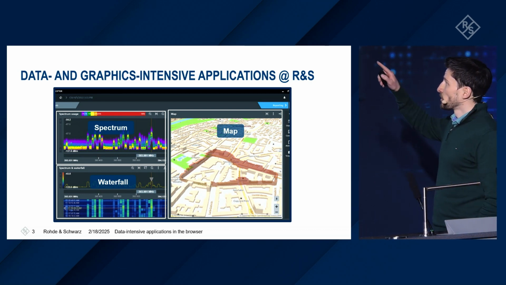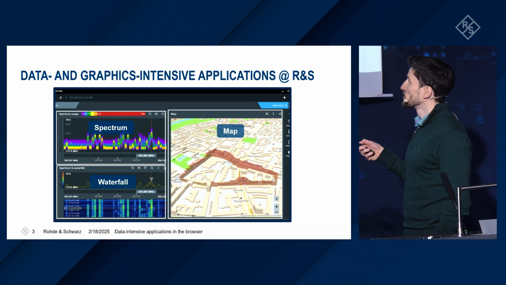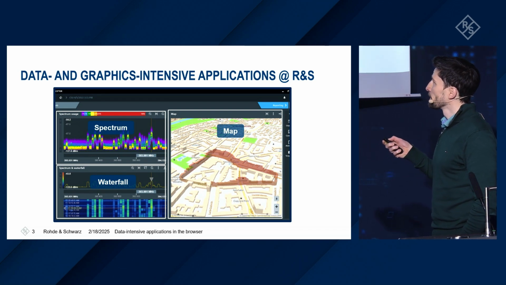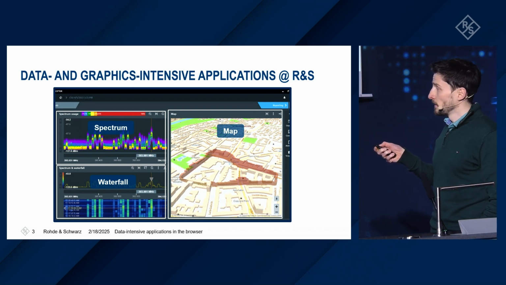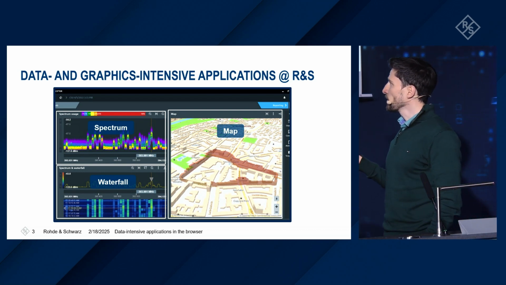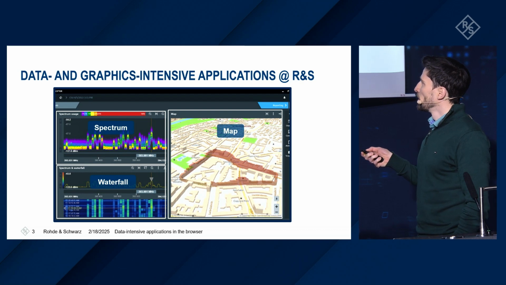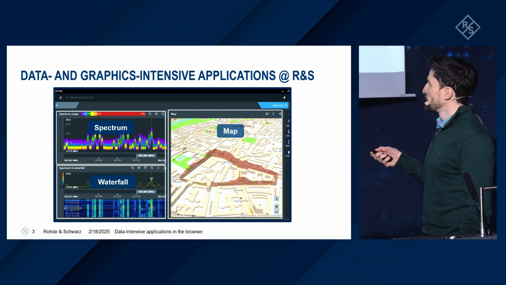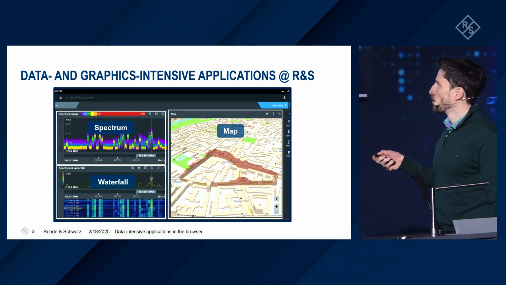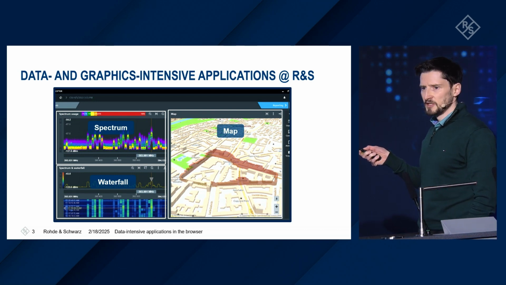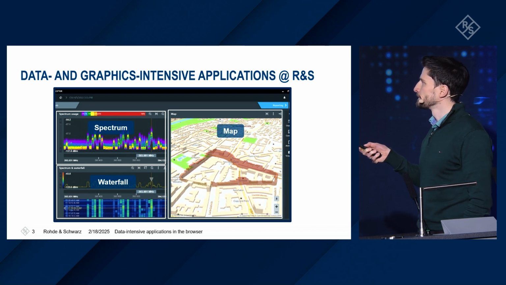For example, on the top of the user interface, you see the spectrum display, and on the bottom, you see what's called the waterfall control. With the waterfall control, you have on the x-axis the frequency which you want to observe, and on the y-axis, it's basically the time. So you can observe a specific signal on a specific frequency or on different frequencies over the time.